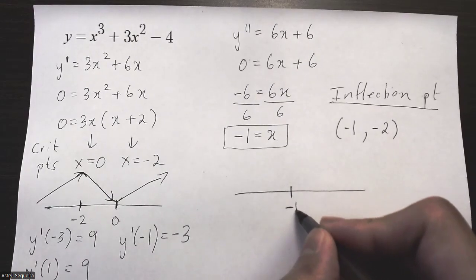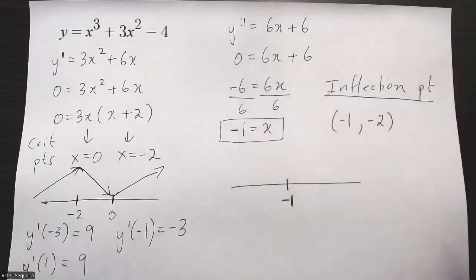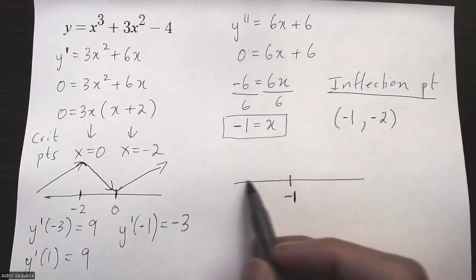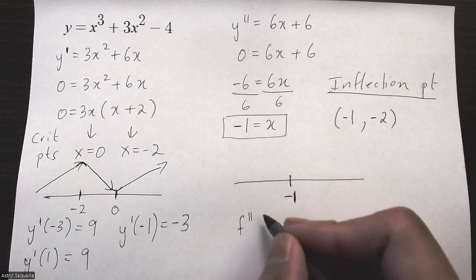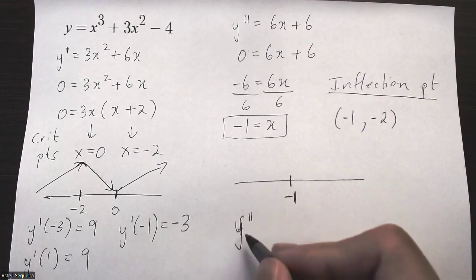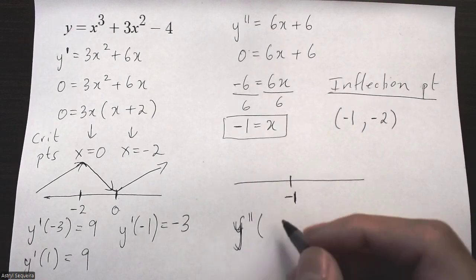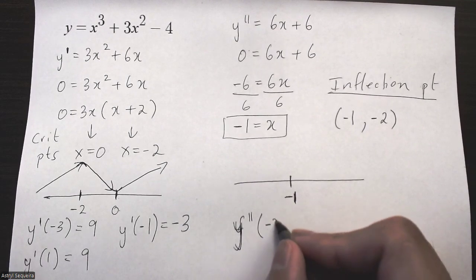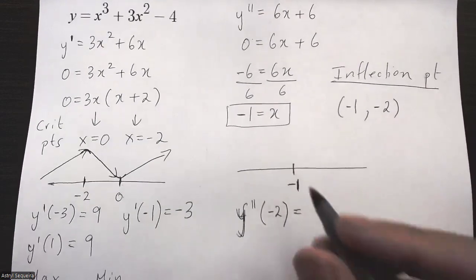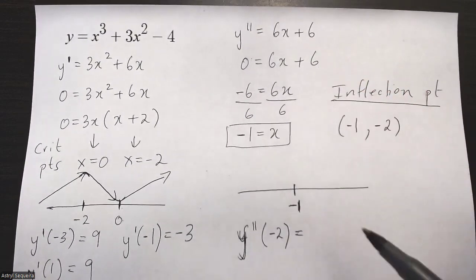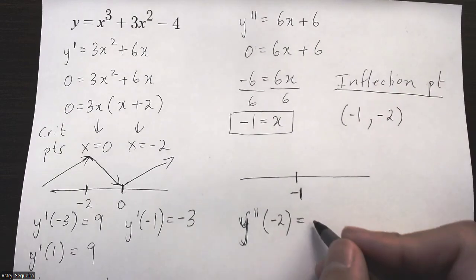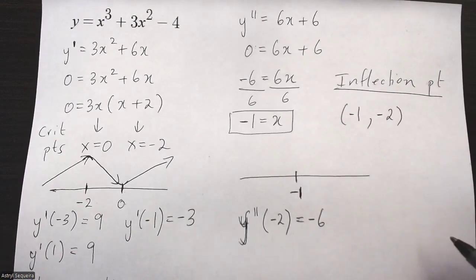I'll just put my inflection point on my number line, and then I'll pick a value less than this. So I'll do F double prime, or I guess Y double prime, of -2. So I'll sub in -2 in my second derived equation, and I will get -6 if I do that.